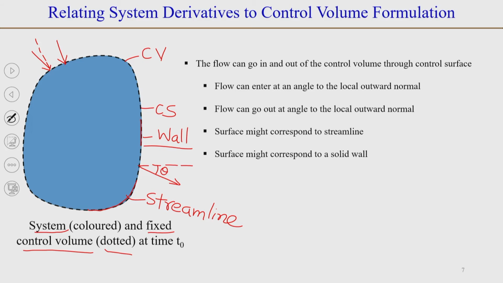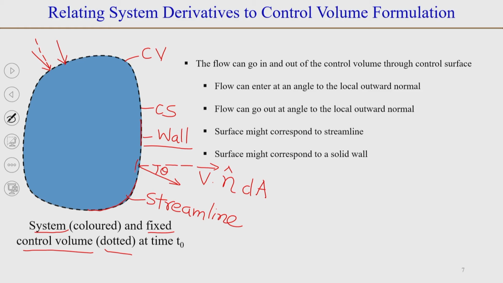So, when we talk about the flow coming in or going out, the net flow rate will be V dot n dA.